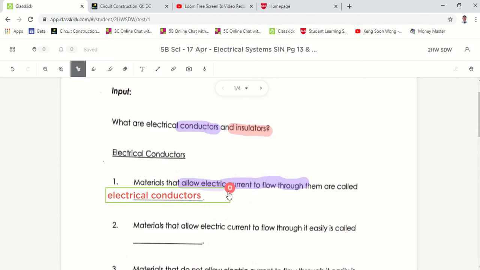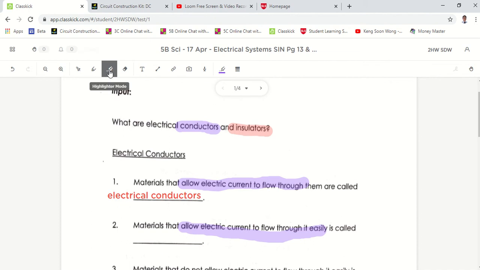Materials that allow electric current to flow through are electrical conductors, and those that allow electric current to flow through them easily is what we call good electrical conductors. So the word here is easily. Of course, there are different degrees of allowing electric current to pass through.